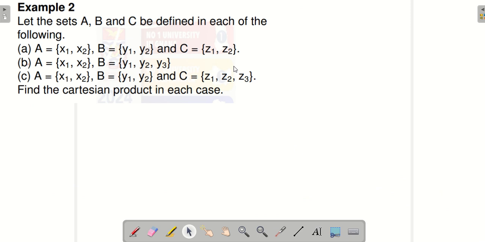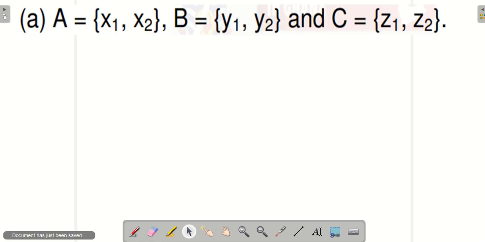Let the sets A, B, and C be defined in each of the following. So we have A, B, and C, and we have to find the Cartesian product in each case. So let's start with the first example. The first example is this. We have to find the Cartesian product of this set.